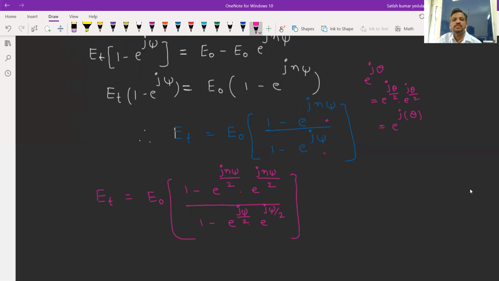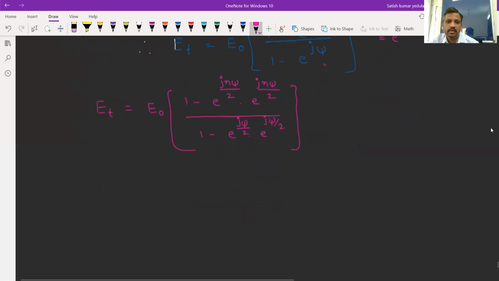This is how we split the numerator and denominator. Now you take out this term common as well as this term common. So Et will be equal to E naught, taken as it is, and take e power j n psi by 2 common in the numerator, and in the denominator e power j psi by 2 common.